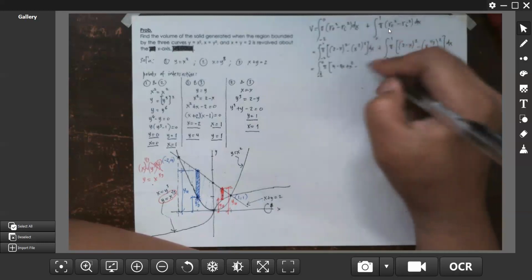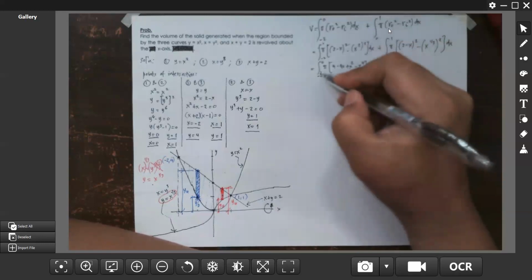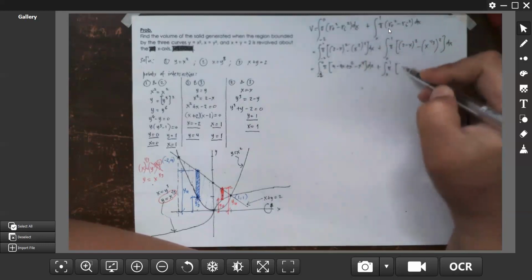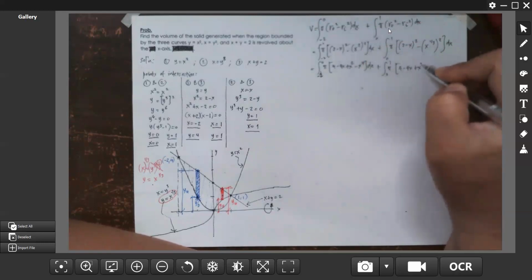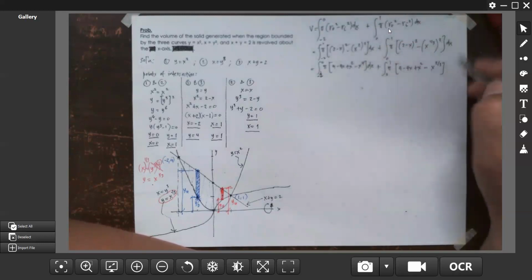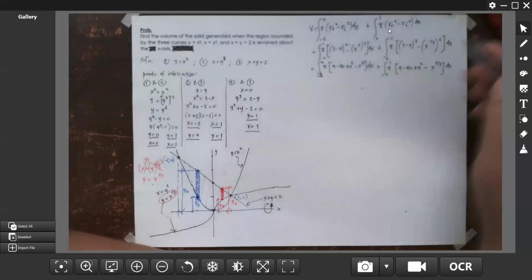X squared squared, so that's x raised to 4, dx. Plus the integral from 0 to 1 of pi, you have 4 minus 4x plus x squared minus x raised to 2/3 dx.